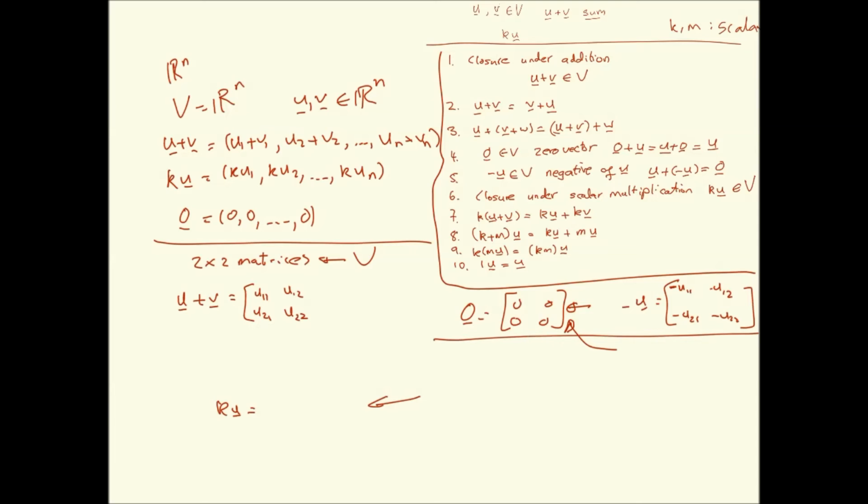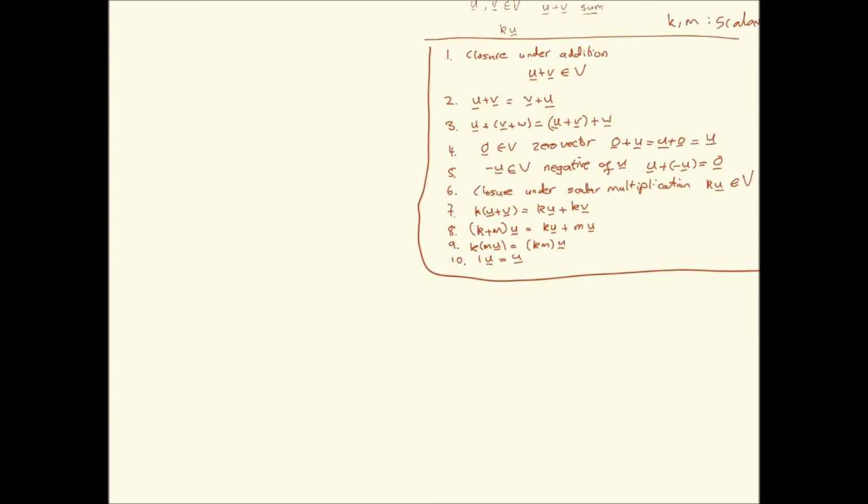Now I want to quickly show you one example where something is not in fact a vector space. So here, let V be R2, in fact. So it's the R2 space, where of course we will define addition as standard.